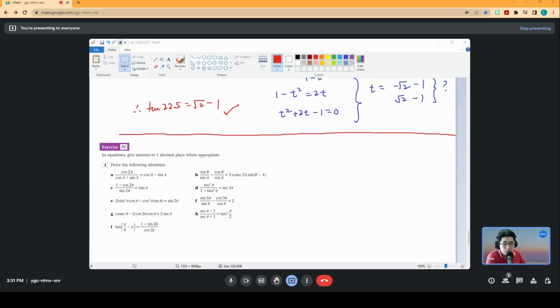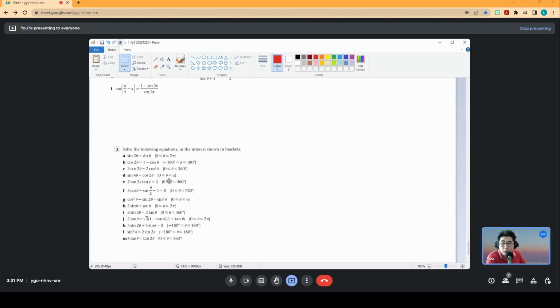Then from here let's try to look at the questions. So this one here, maybe we'll deal with 7a, then deal with question 3. Question 3 here.